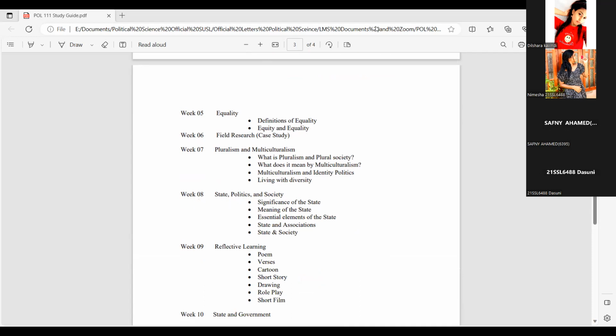Then you will learn about pluralism and multiculturalism, right? So what is pluralism and a pluralist society? What does it mean by multiculturalism, right? In this class, we can see you all are coming from different parts of the country. It means our class is a multicultural class, right?